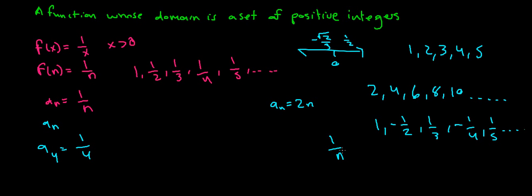So I've got this, but then how do I make this change from positive to negative on alternating numbers in the sequence?